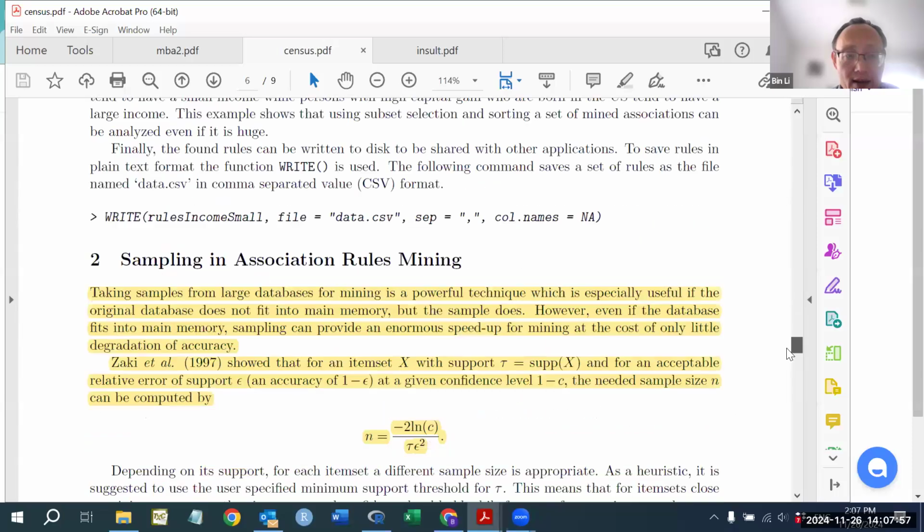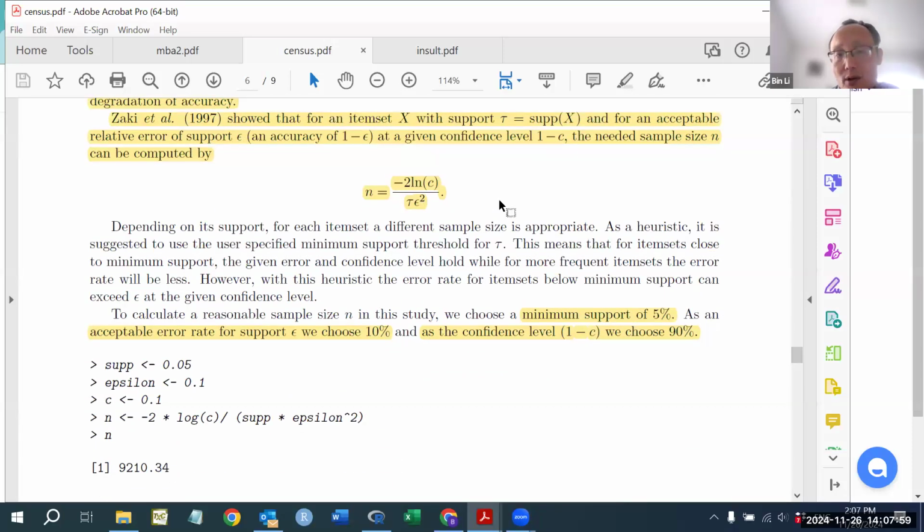So here, let's apply these formulas, and we set the relative error rate for the support to 10%, and we set the minimum support threshold to be 5%. The confidence level is 90%, that means alpha is 1 minus 90%, which is 0.1.